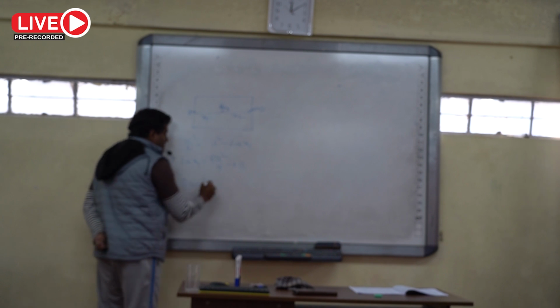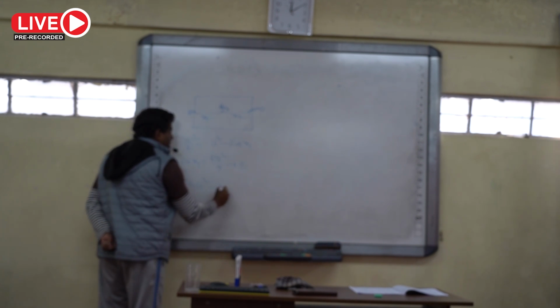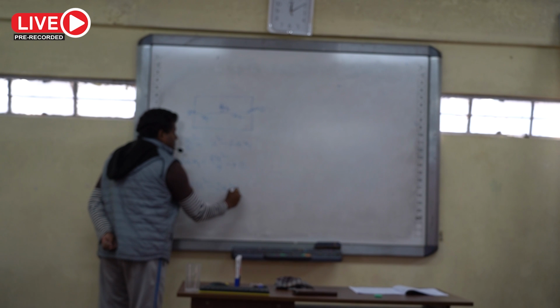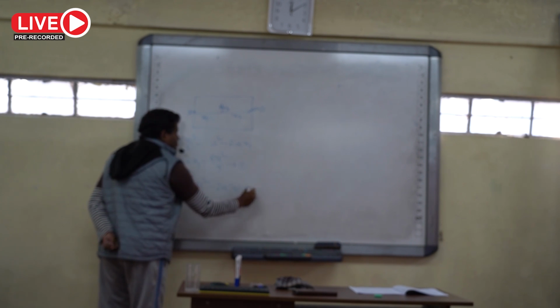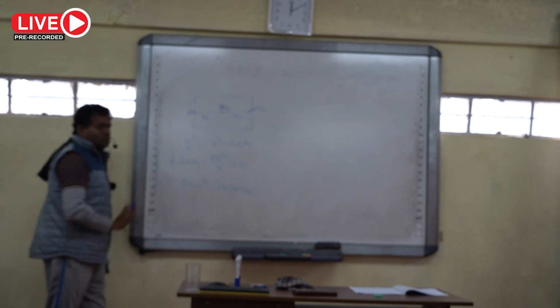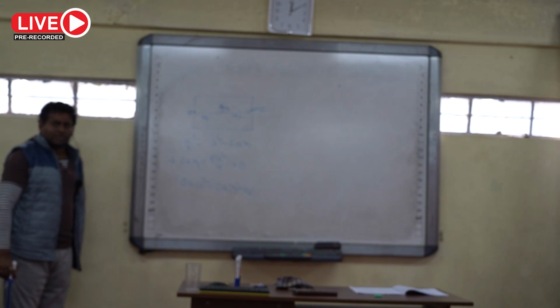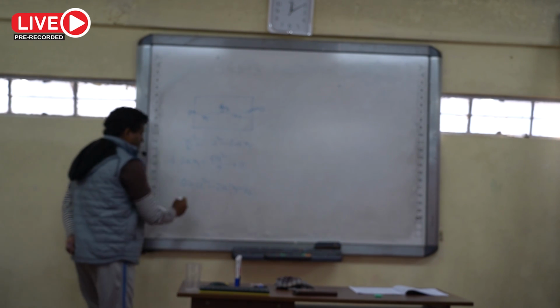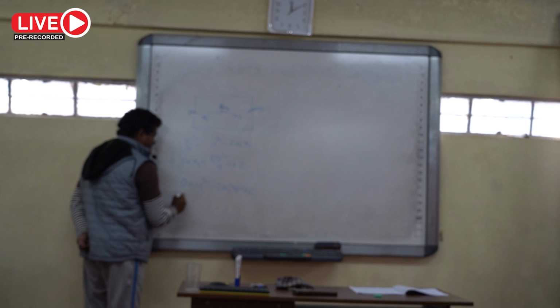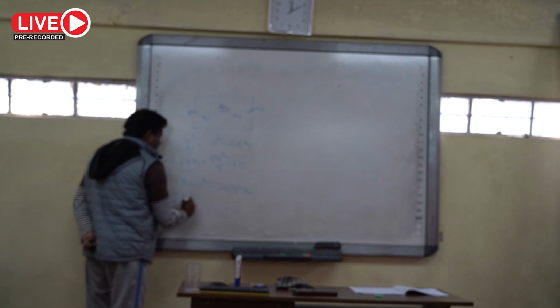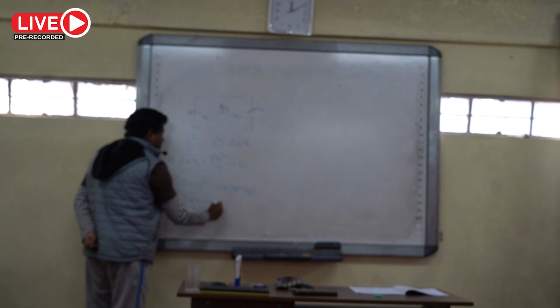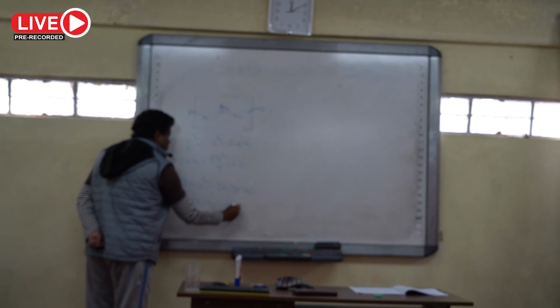The total length covered is 2a into x1 plus x2. You can also consider this part, no problem. I consider the entire part together. Then we can write 2a (x1 plus x2) equal to u square.